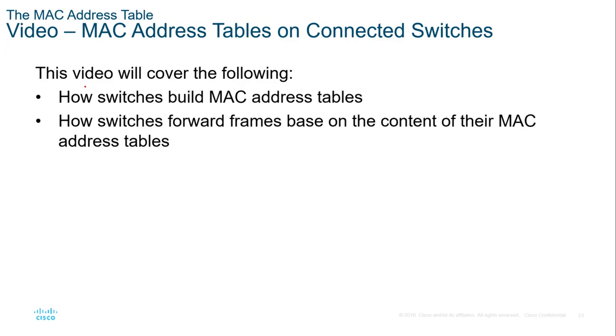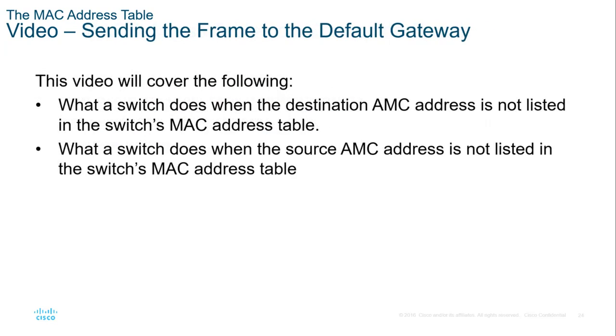So this is a video where you have to play. This will cover the following: how a switch builds the MAC address table, and how a switch forwards frames based on the content of its MAC address table. Still, this is the video on what a switch does when a destination MAC address is not listed in the switch's MAC address table.